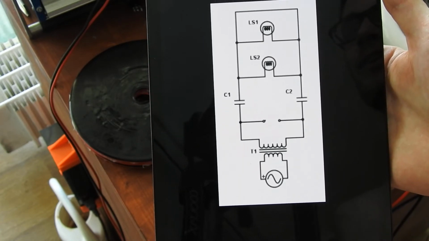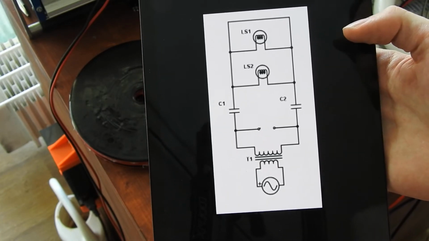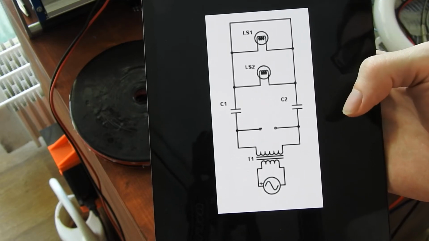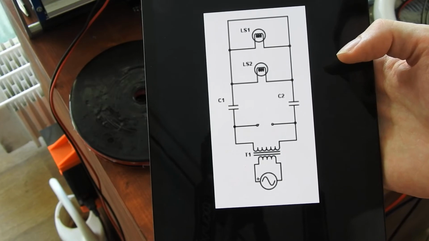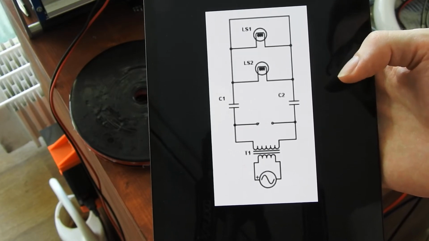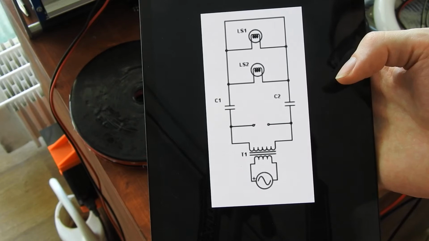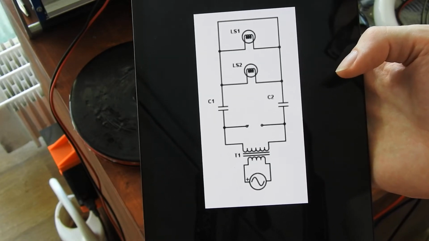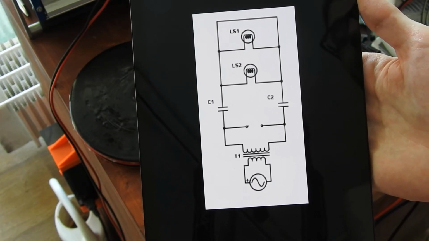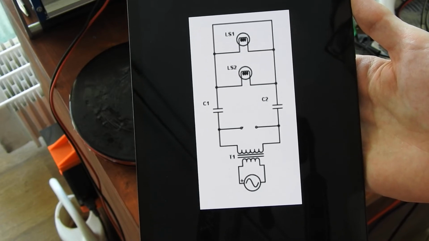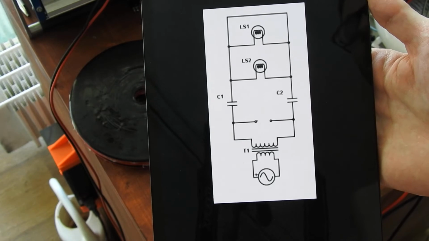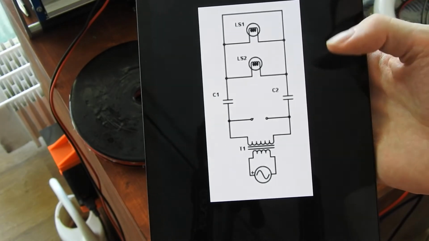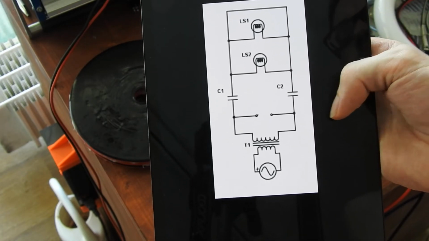And here I have a schematic of Tesla's hairpin circuit that uses cold electricity, or a lot of people like to call this cold electricity because you can touch the circuit directly without getting electrocuted. That is where the name cold electricity comes from, but it is exactly the same as, for example, radiant energy.